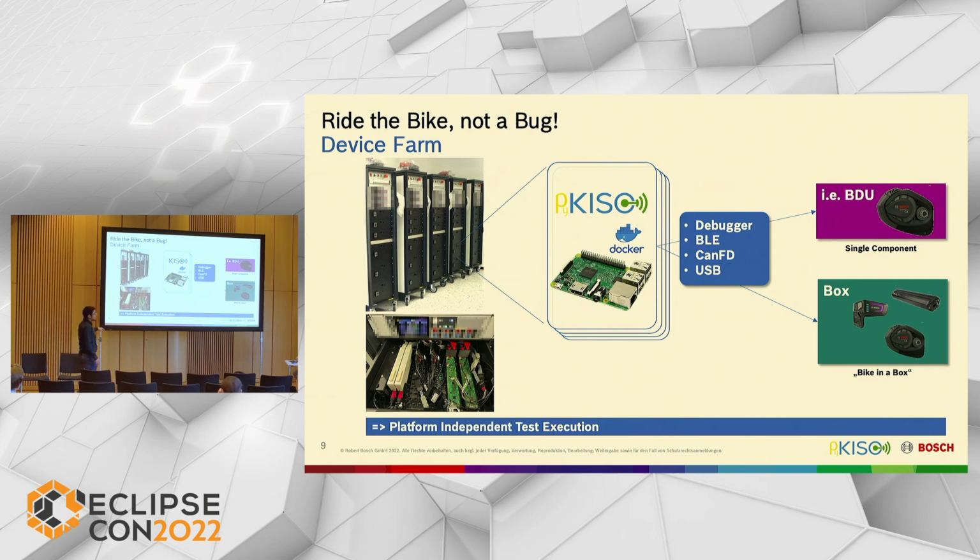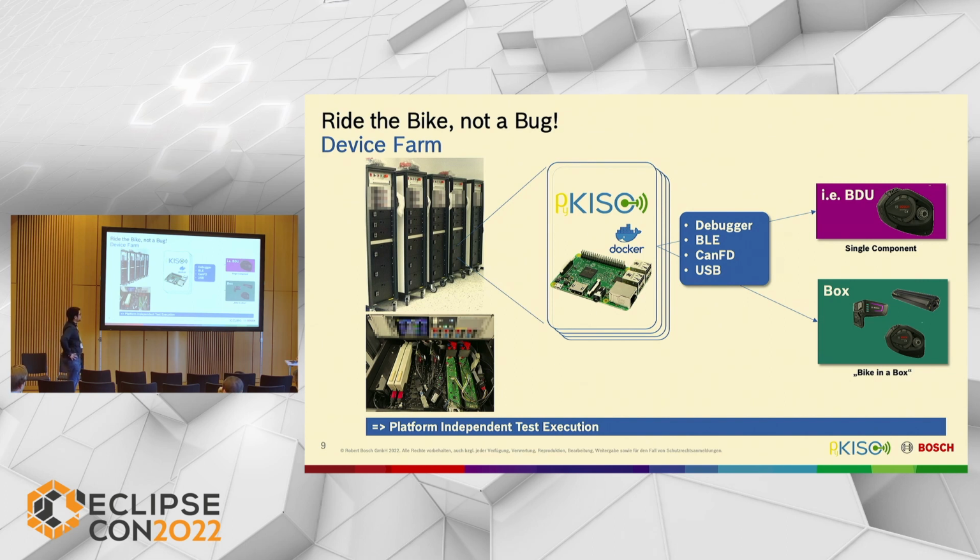Here in this example we see two Raspberry Pis. Each of them is connected to a PCAN connector or to a Lauterbach connector, which we also call connectors in the PyKiso framework. Those connectors are then connected to the device under test, which is currently the battery. As said, our setup currently goes into the hundreds.